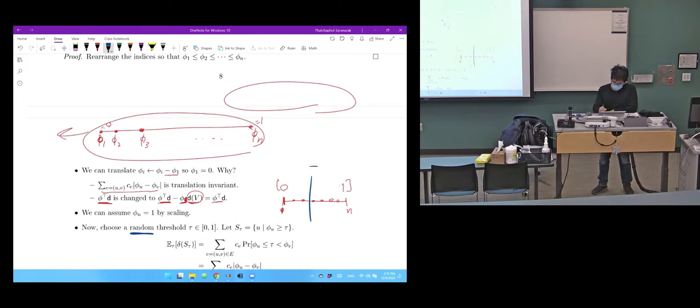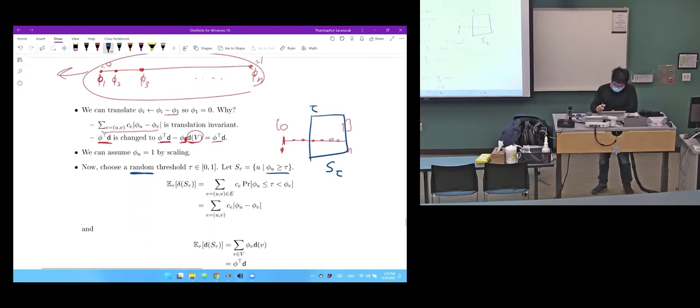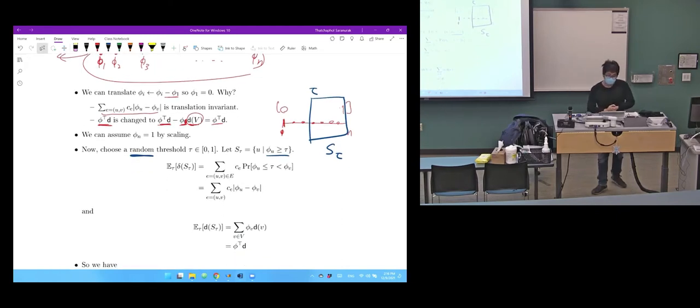Call it tau, and look at this cut: every node that is greater than tau. Let's try to analyze this. Let's look at the expected cut size of S tau.